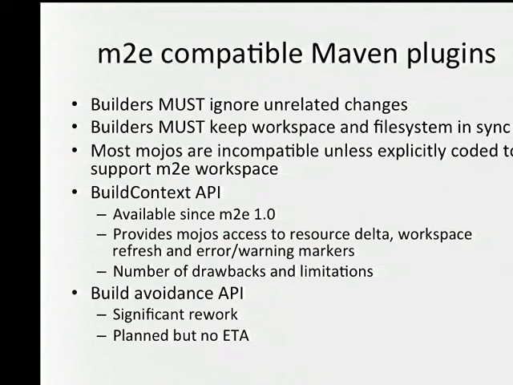The current API has some problems with deleted input resources, so we started to work on a new version of that API, but it turned out to be a significant effort, so we don't know when it will be ready yet.